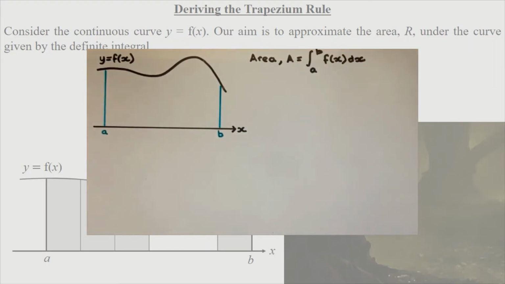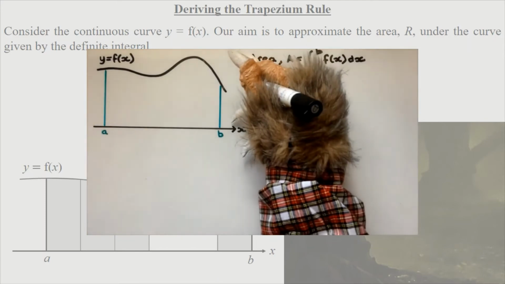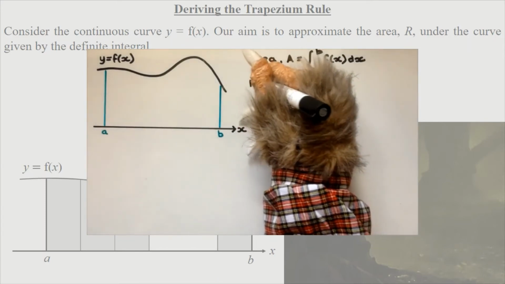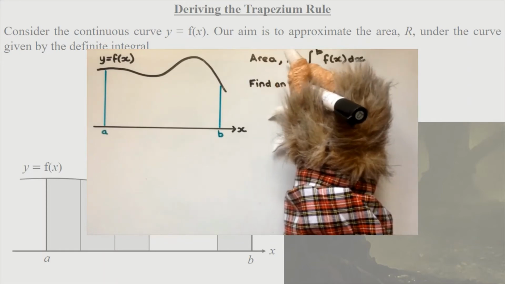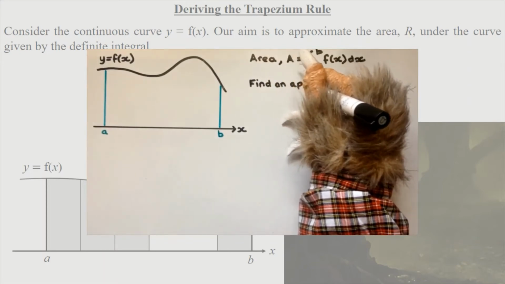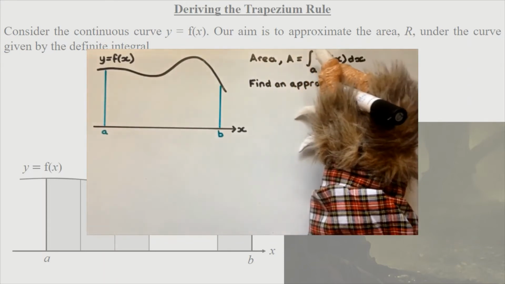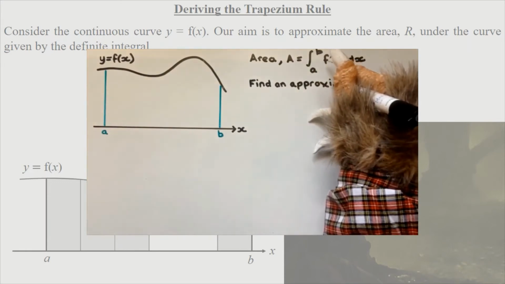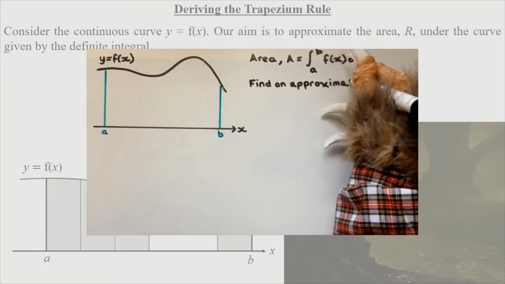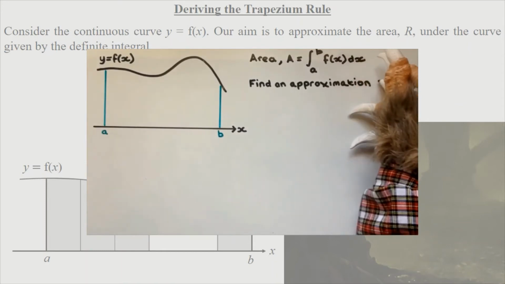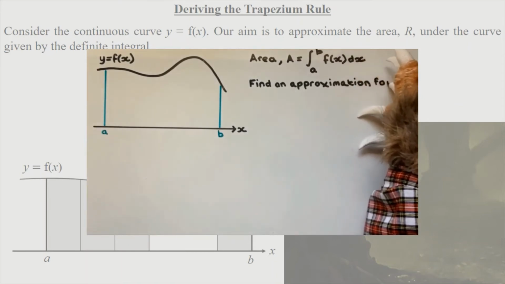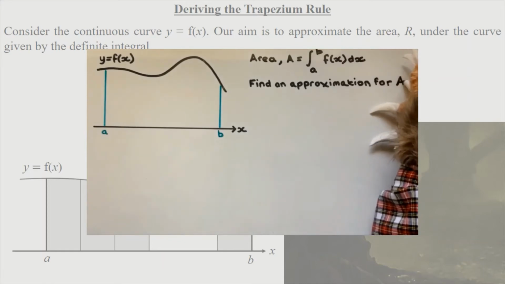All right, and what we'd like to do is approximate A. So we're going to find an approximation for A, and there's various reasons why you'd want to do this. I'll get more into that later, but first we're going to look at how we can actually do this.